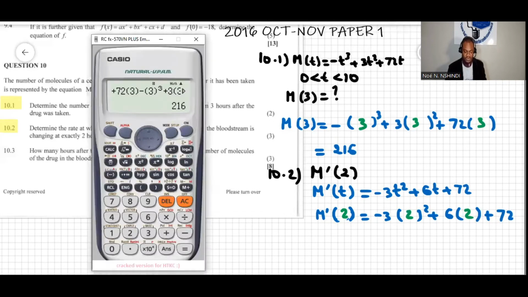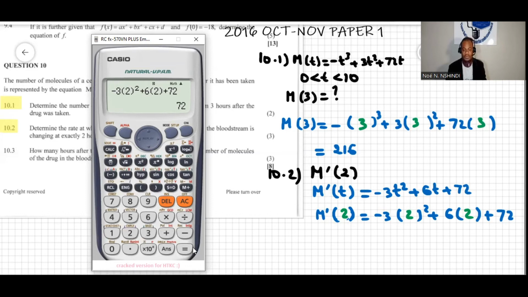And then in the calculator we're just going to write negative 3 open bracket 2 close bracket to the power of 2, and then plus 6 open bracket 2 close bracket, and then plus 72.